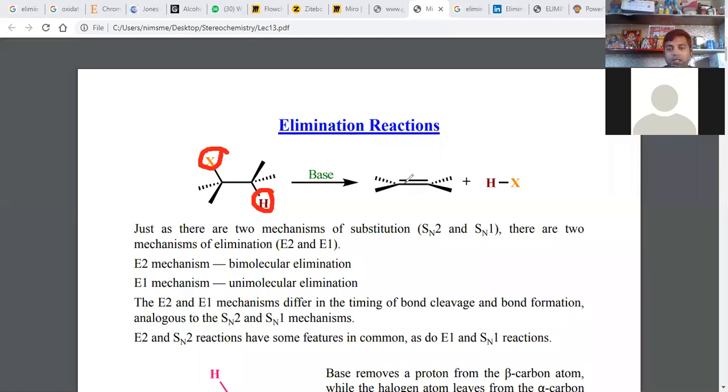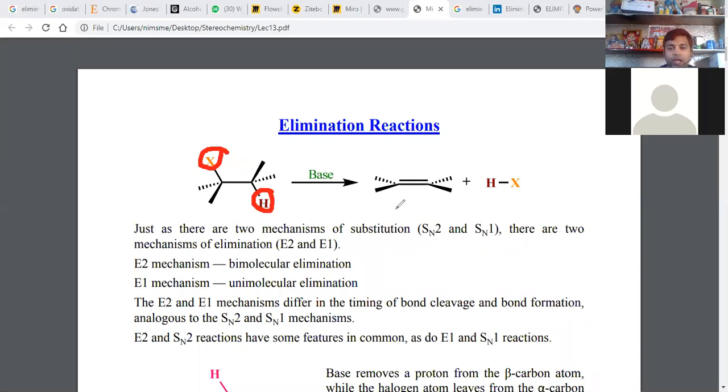See, a double bond is generated, the formation of a double bond. Understood? This is called an elimination reaction: loss of fragments or a group of fragments from a molecule or a substrate to generate multiple bonds.